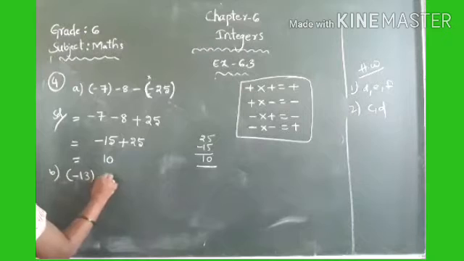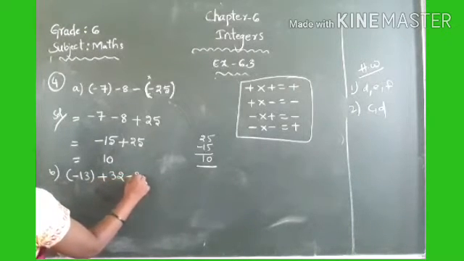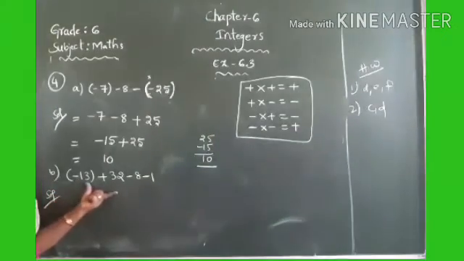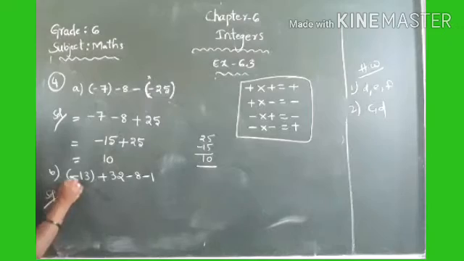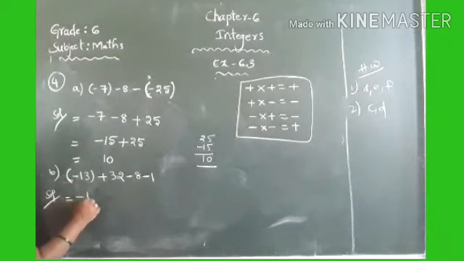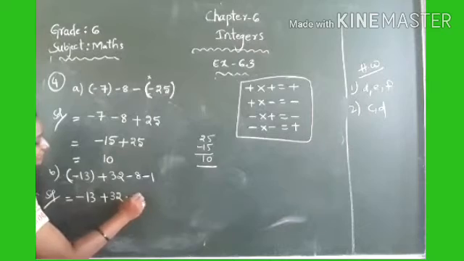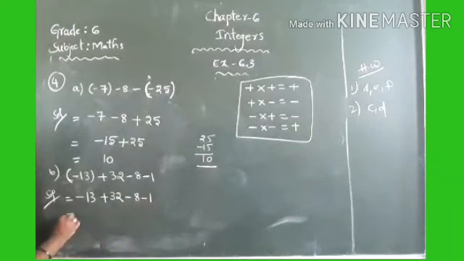minus 13 plus 32 minus 8 minus 1. Same procedure. First simplify. Here nothing before the bracket means you have to consider it plus. Plus into minus, minus 13 plus 32 minus 8 minus 1.